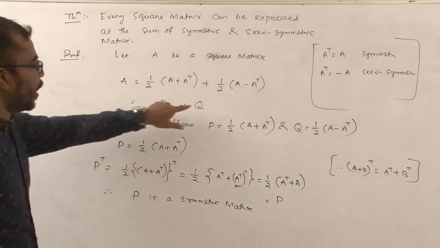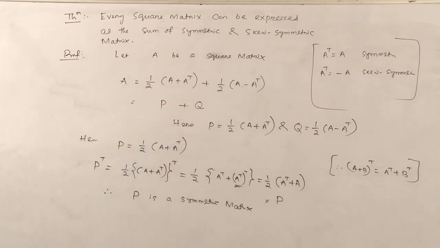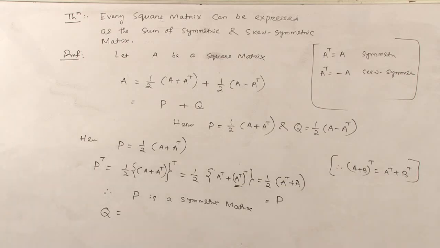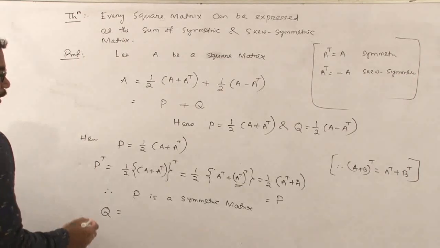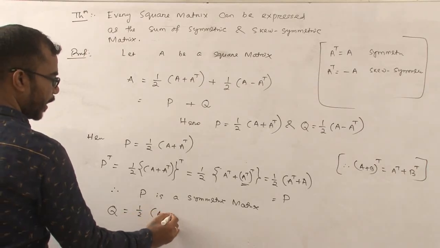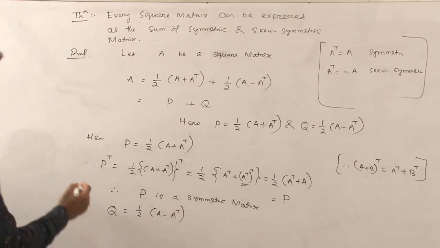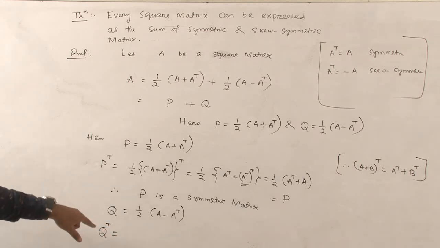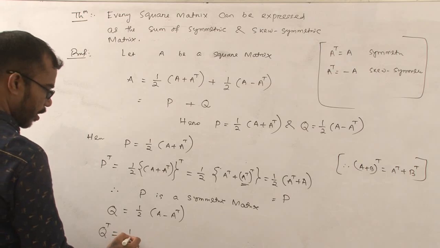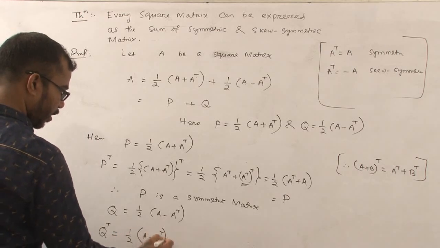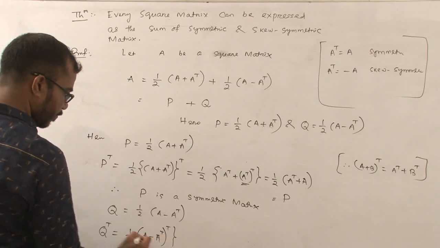Now for the other term, Q, we have to check whether it is symmetric or skew symmetric. Here Q is half of A minus transpose of A. First we find the transpose of Q. If we put the value of Q, we get half of A minus transpose of A, whole transpose.